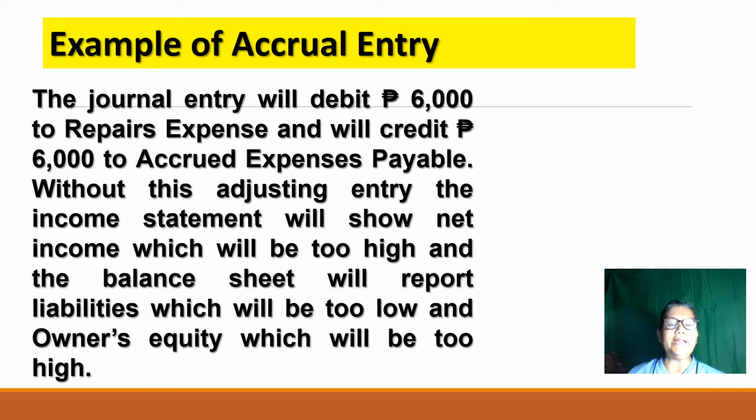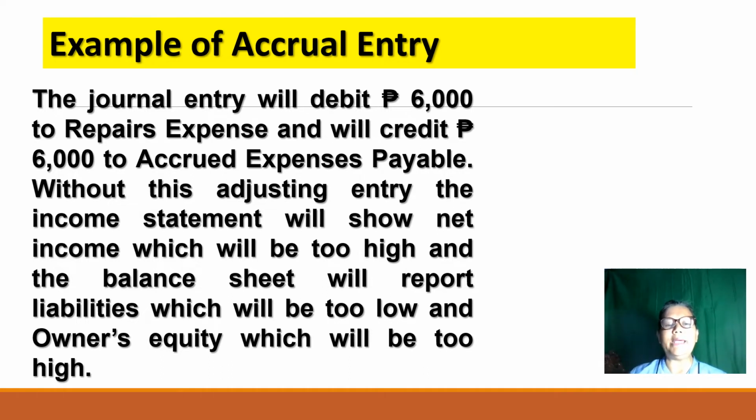The journal entry will debit 6,000 pesos to repairs expense and will credit 6,000 to accrued expenses payable. Without this adjusting entry again, the income statement will show net income which will be too high and the balance sheet will report liabilities which will be too low and owner's equity which will be too high.